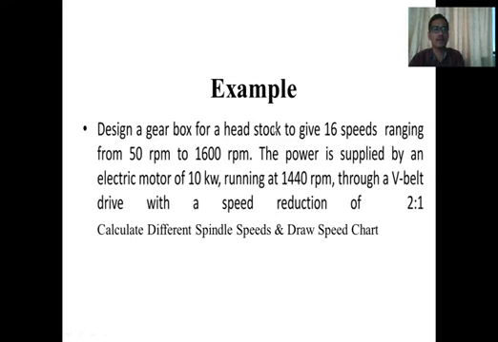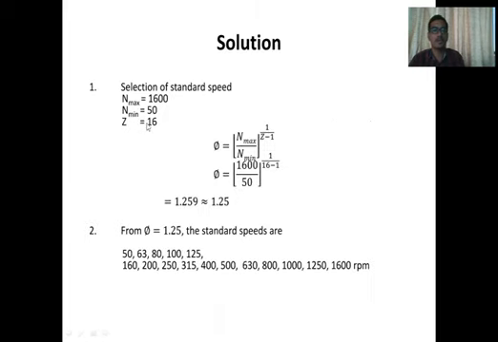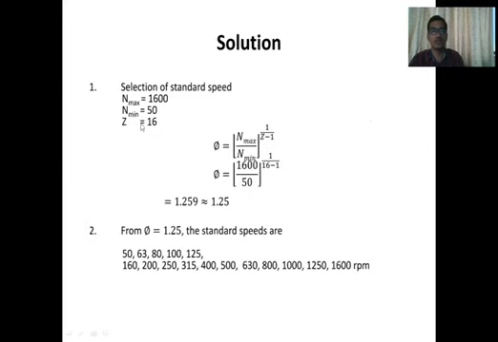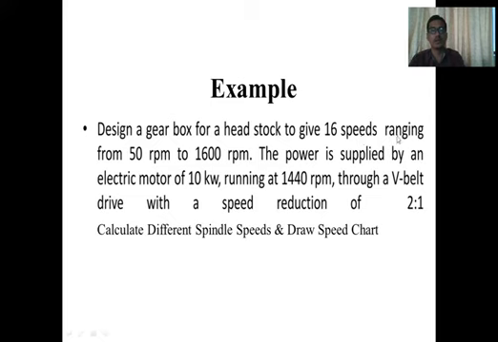The given condition is that we have to design the gearbox for a headstock to give 16 speeds. It means the total number of speeds is 16, so here Z is equal to 16, the total number of output speeds. Then, ranging from 50 rpm to 1600 rpm means this is the range of the output spindle speeds.